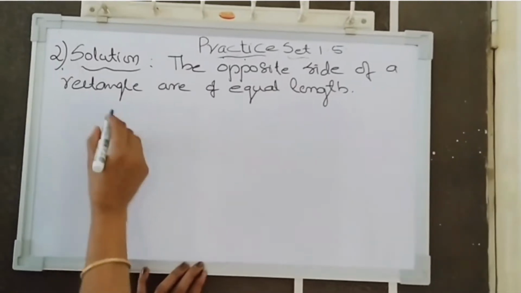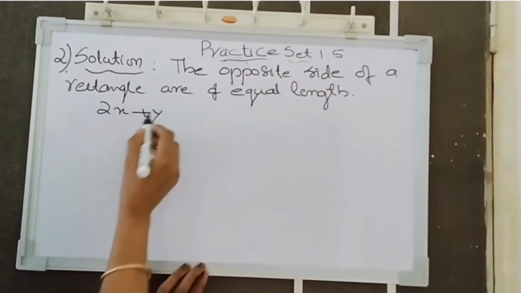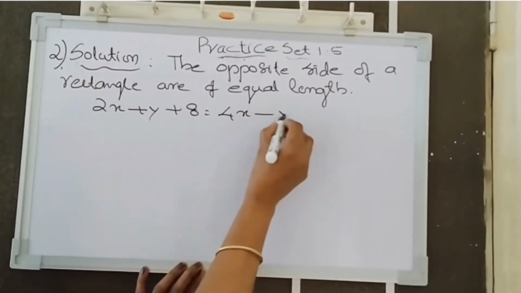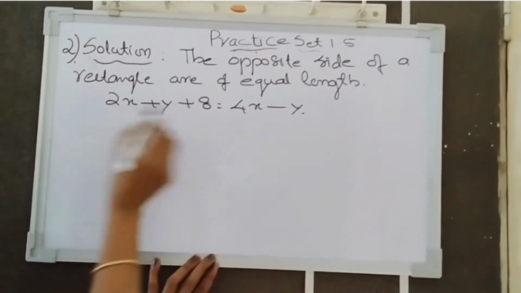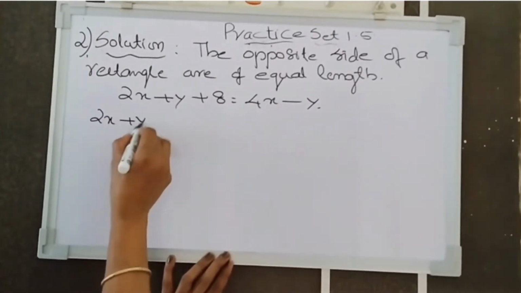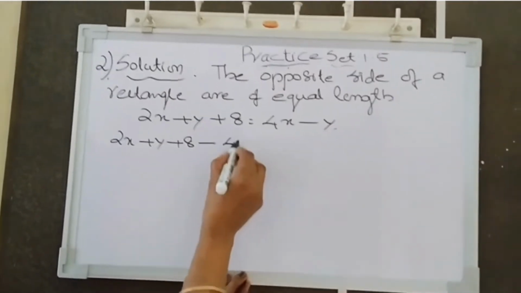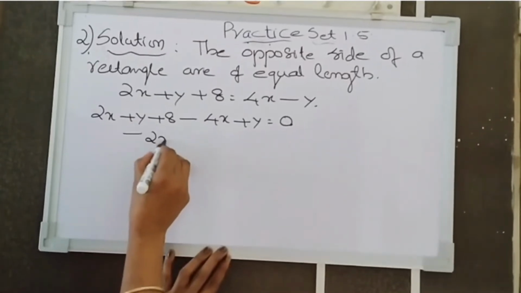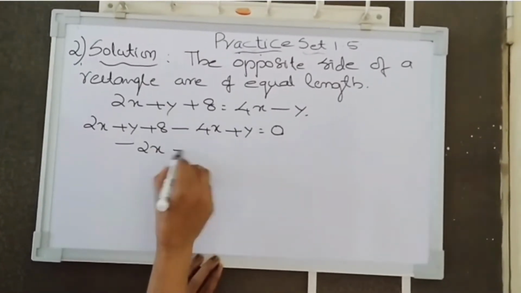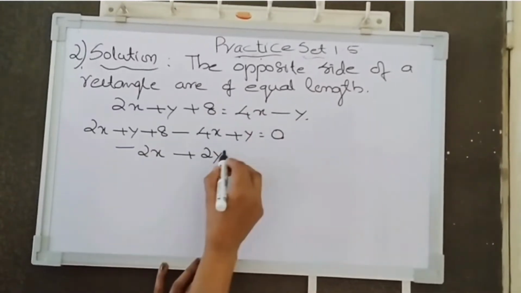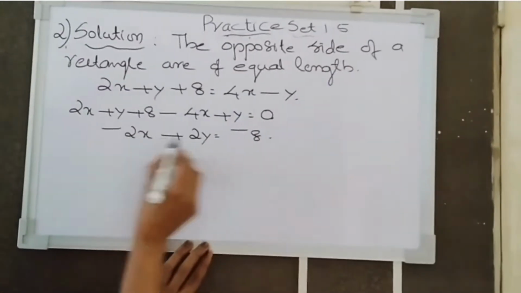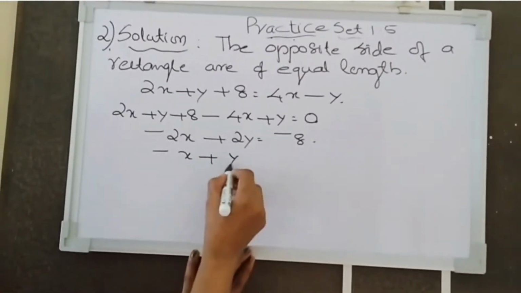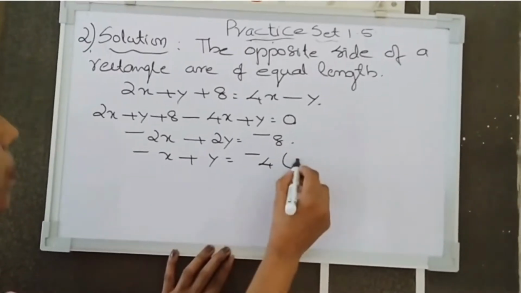From the first condition, 2x plus y plus 8 is equal to 4x minus y. Therefore, 2x plus y plus 8 minus 4x plus y equal to 0. 2x minus 4x is minus 2x and y plus y is equal to 2y. Positive 8 is going to that side, negative 8. Therefore, dividing by 2, you will get minus x plus y equal to minus 4.